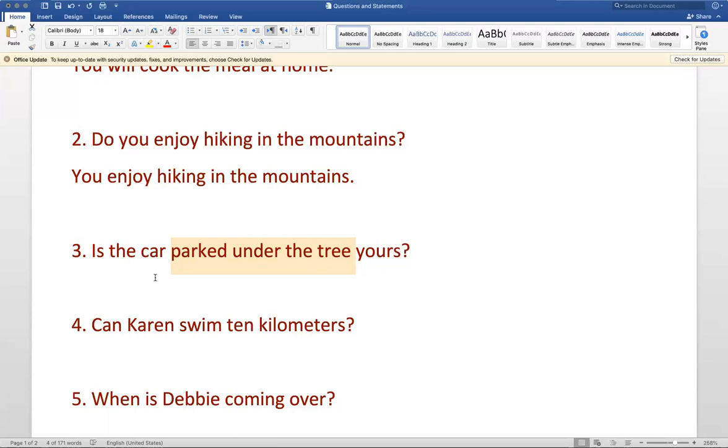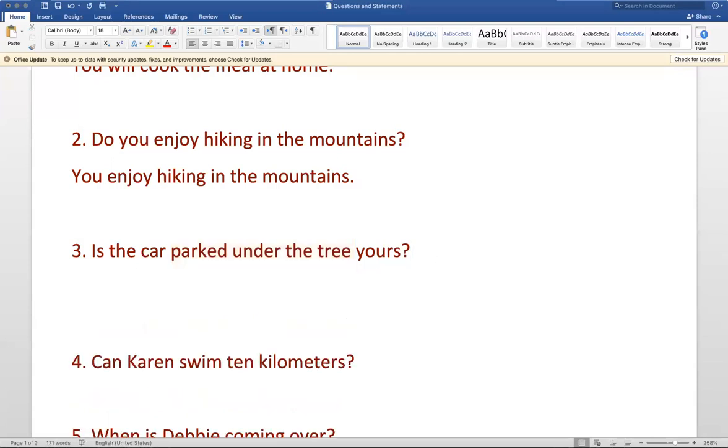So what we're really asking is the car yours? So when we change this into a statement, we would say the car parked under the tree is yours. So we just simply rearranged the words.